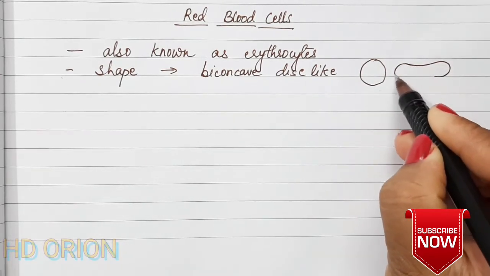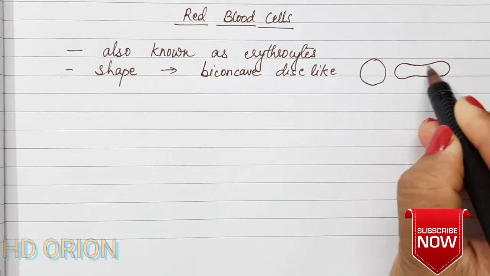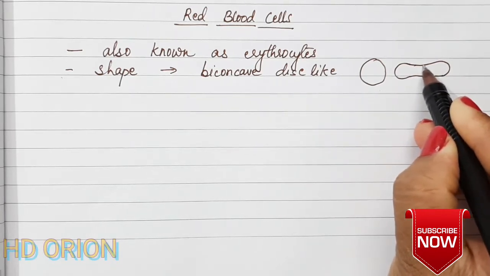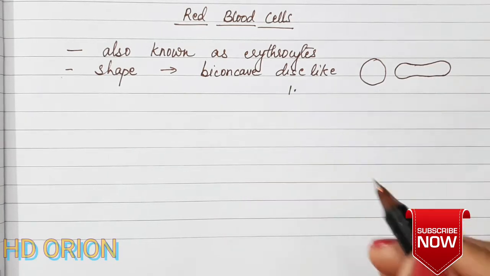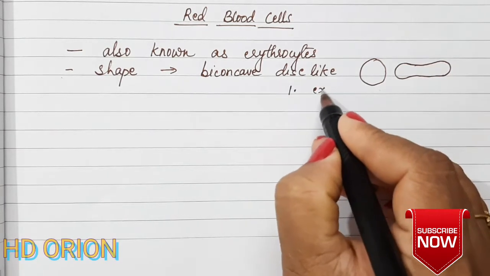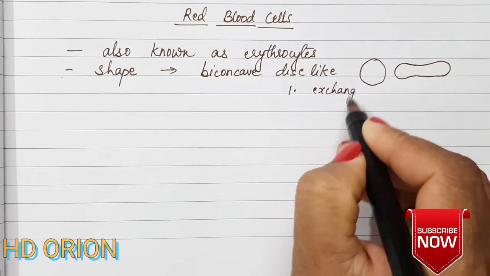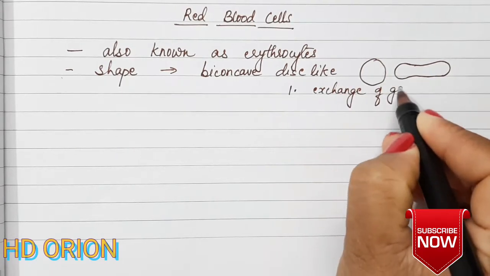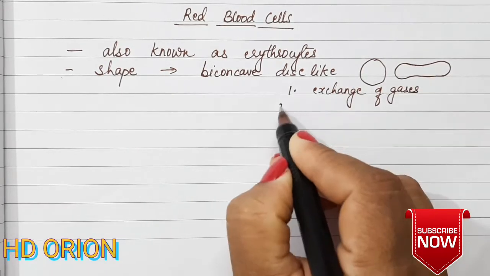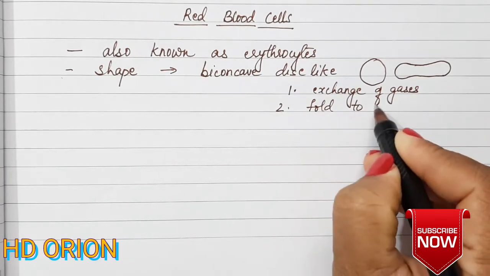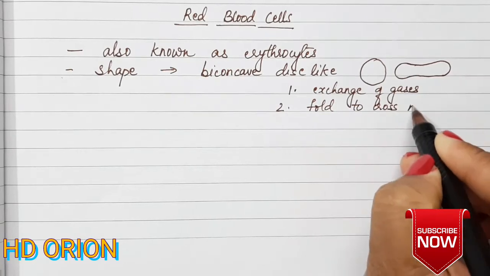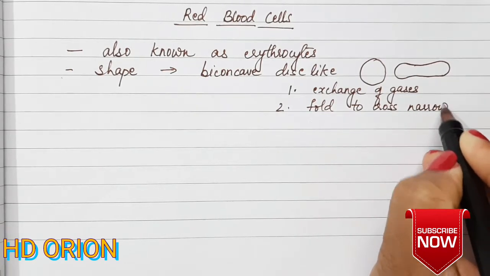So it has shallow centers in this manner, and this shallow center actually helps in two ways. The first, it helps in exchange of gases nicely, and secondly, it also helps it to fold to cross the narrow blood capillaries.